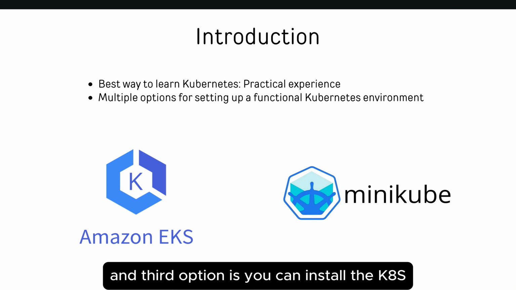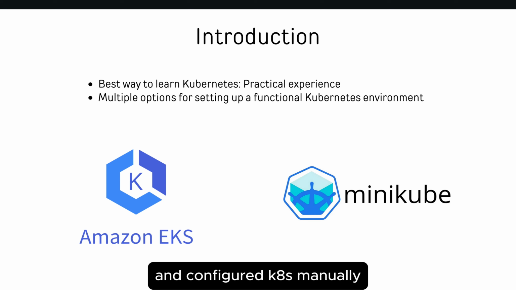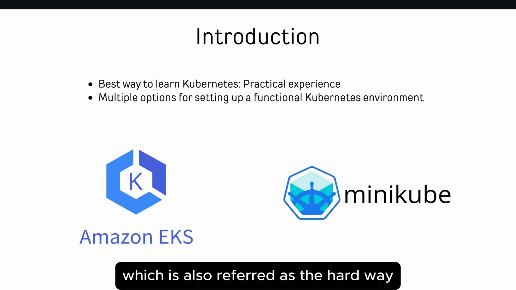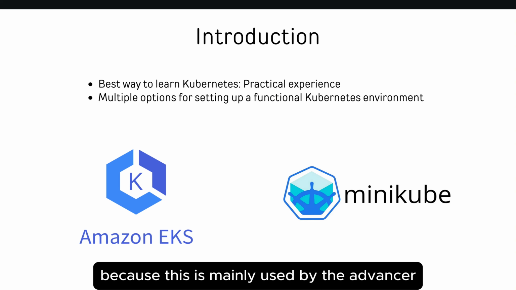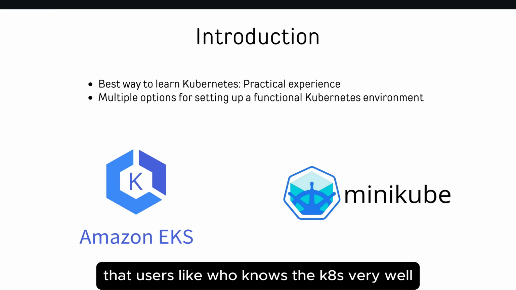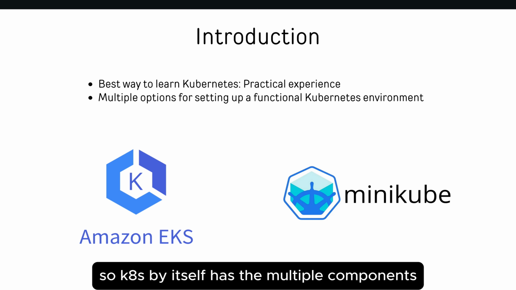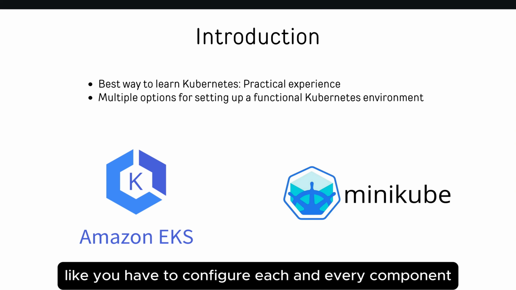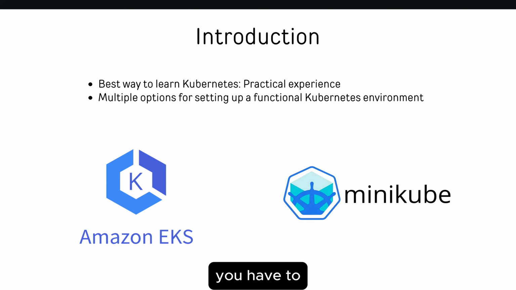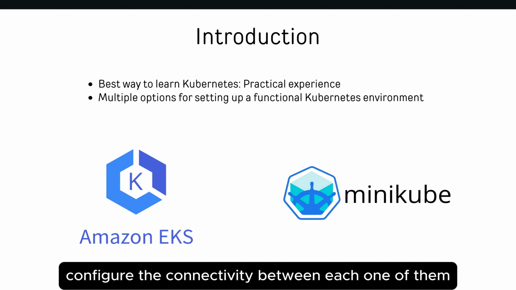The third option is you can install and configure Kubernetes manually, which is also referred to as bare metal. This is hard, because it is mainly used by advanced users who know Kubernetes very well. Kubernetes by itself has multiple components. When you are doing things manually, you have to configure each and every component, and you have to configure the connectivity between each one of them.